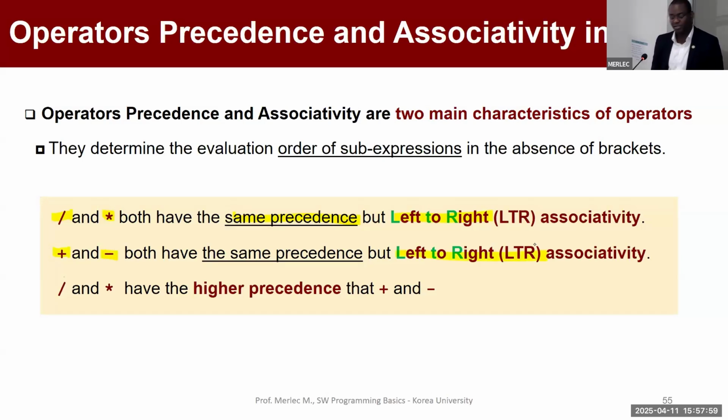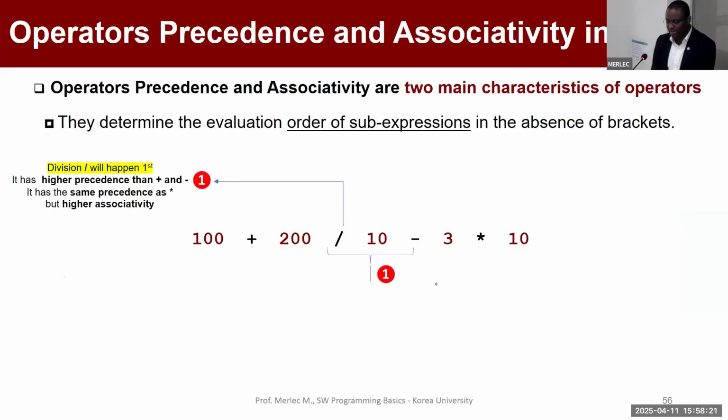So you give priority first to the operation which is on the left, and then the one on the right will be processed there. And then you have the division and multiplication. They have the highest precedence compared to plus and minus. So if you have to enforce a particular logic, use parentheses, okay, to force that.